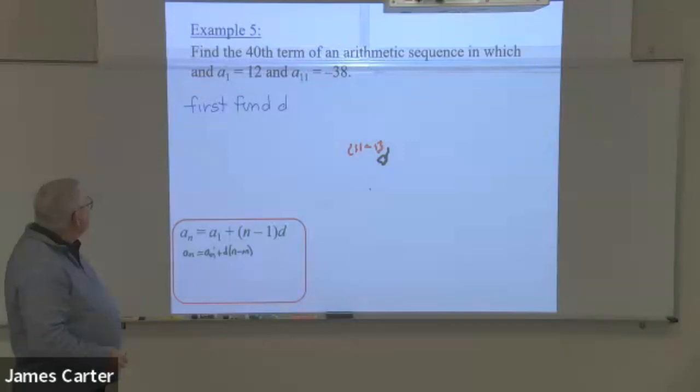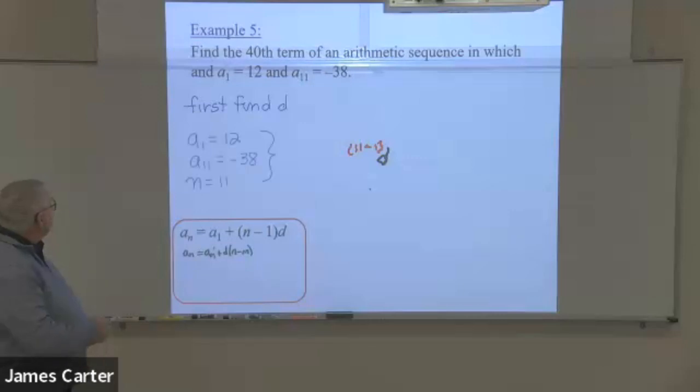Well, we got to find d. Okay. It tells us 2 terms, but we don't know d. But look how far it is between those 2 terms it gives us. So if this is the first term, and that's that one, well, let's see what happens.